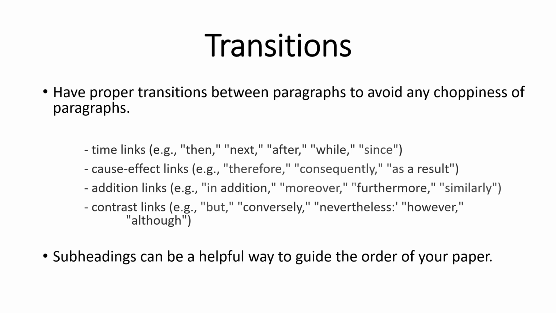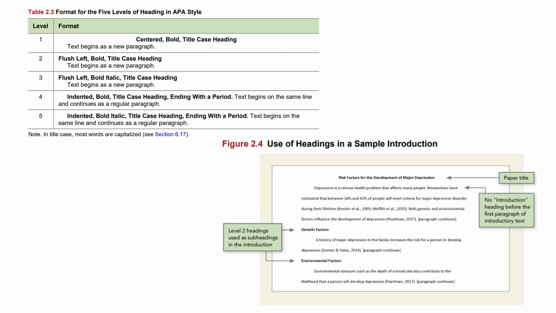Subheadings are another great way to help guide the order of your paper, especially if you are transitioning to a new topic. Here are examples of subheadings taken from the APA manual. The picture on top shows the different levels of headings and how they should be formatted.